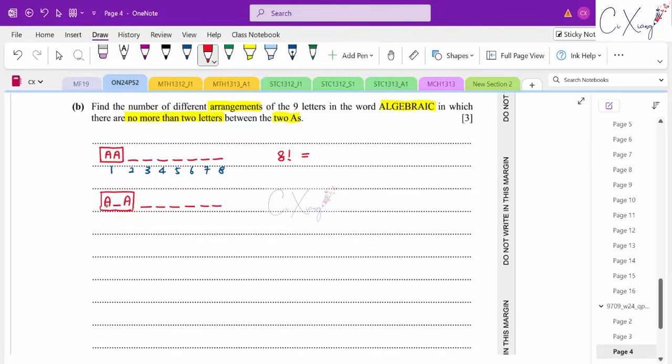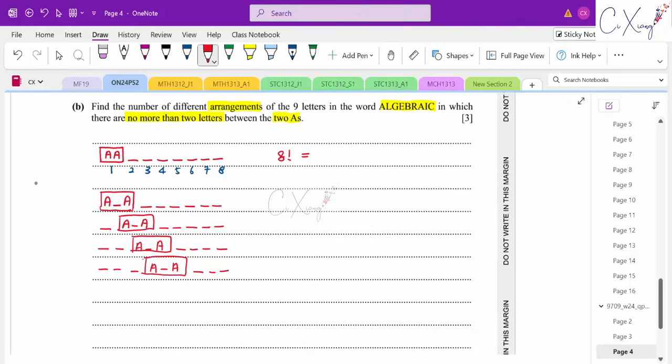You can have it here, you can also have it as the second letter, as the third letter, or as the fourth letter, and so on.